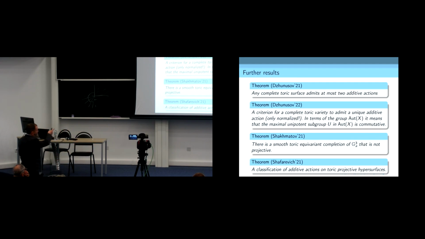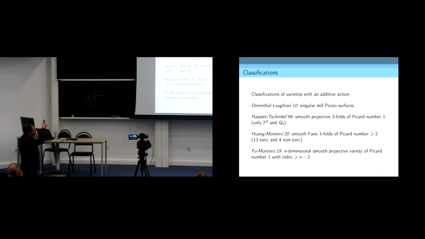Kirill Shakhmatov constructed an equivariant compactification of an affine space by a smooth toric variety which is not projective. And Anton Shafarevich classified additive actions on toric projective hypersurfaces. All of them turn out to be degenerate quadrics.